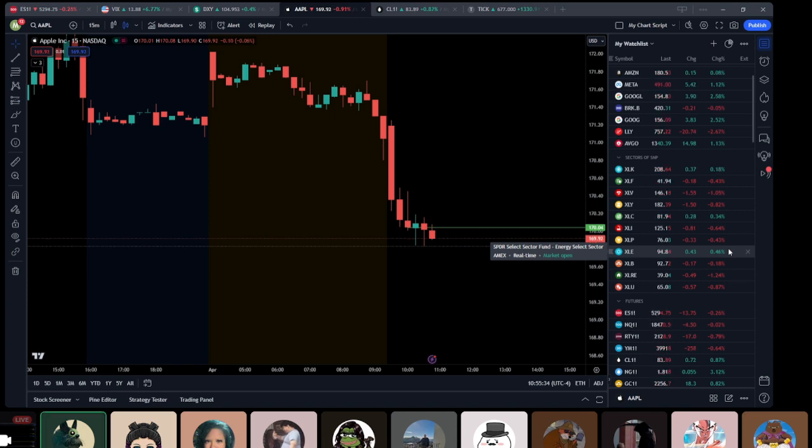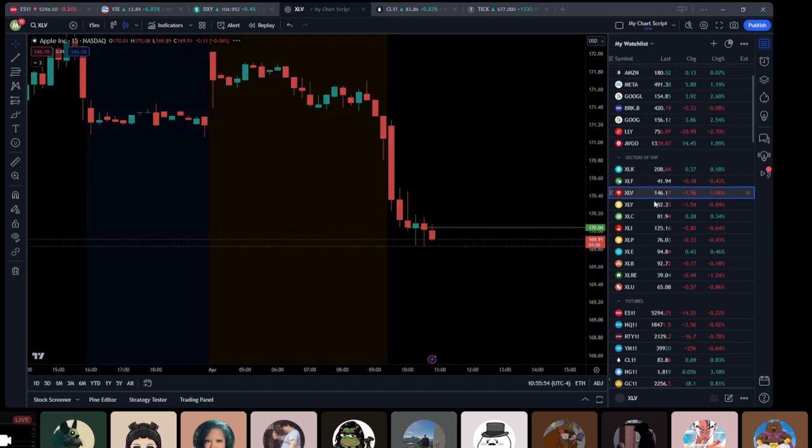Oil going up is not bullish for equities. So we only have two sectors that are currently keeping the S&P from going down. It's the only two bullish sectors, right?